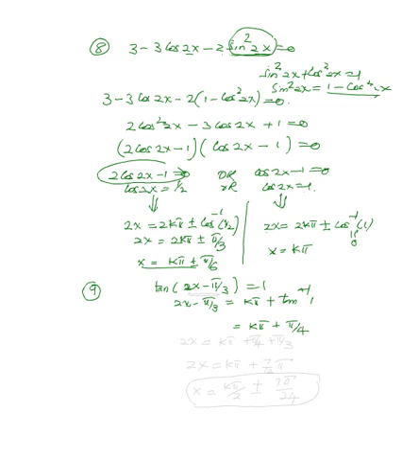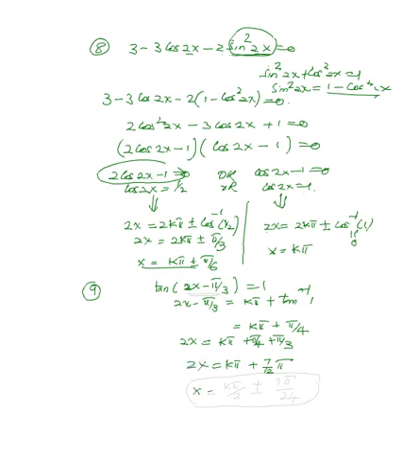which is 45 degrees. Now if I solve for 2x from here, 2x will be the same as k pi plus pi over 4 plus pi over 3, which is the same as k pi plus 7 over 12 pi, which is equal to 2x.